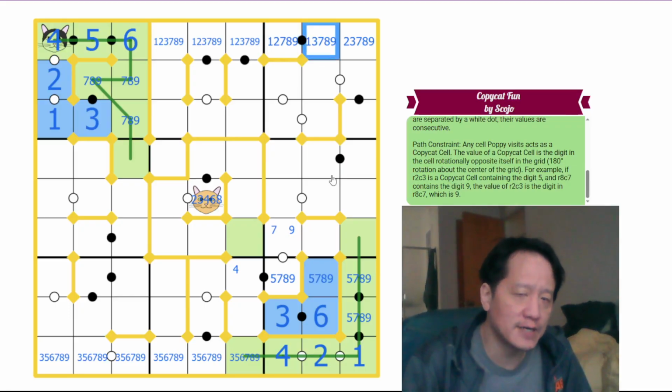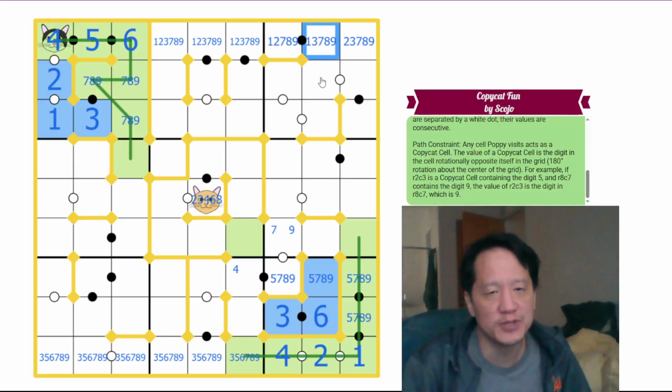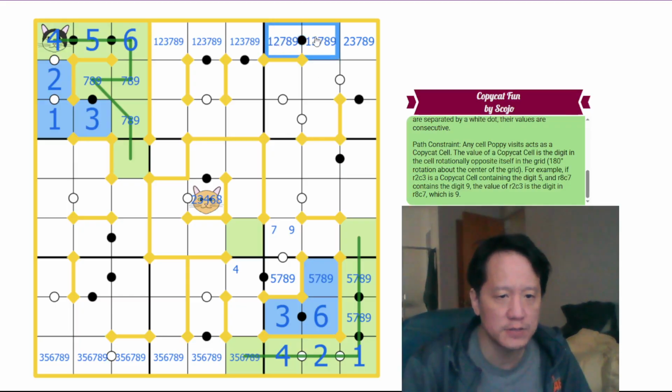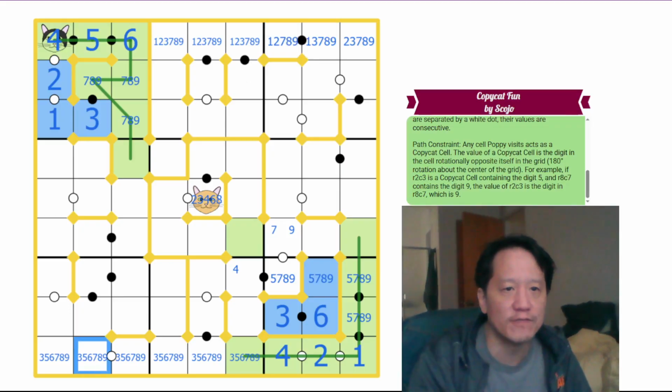If this is copycat, so it's possible that neither are copycats. This is not copycat, but this is, or they're both copycats. If they're both copycats, okay, so this can't be 5 or 3 because of 3 or 5 in the column. No 6 here because of 6 in the column.